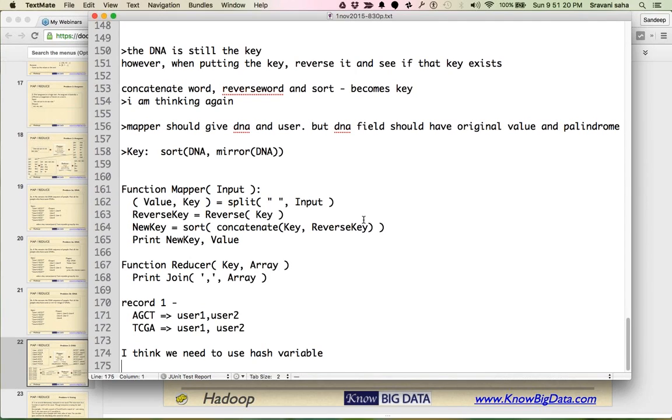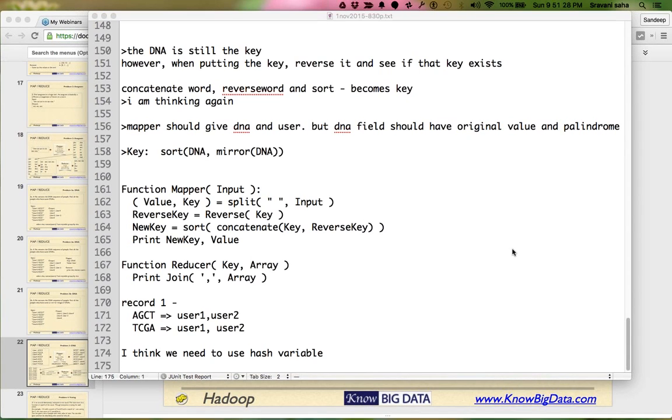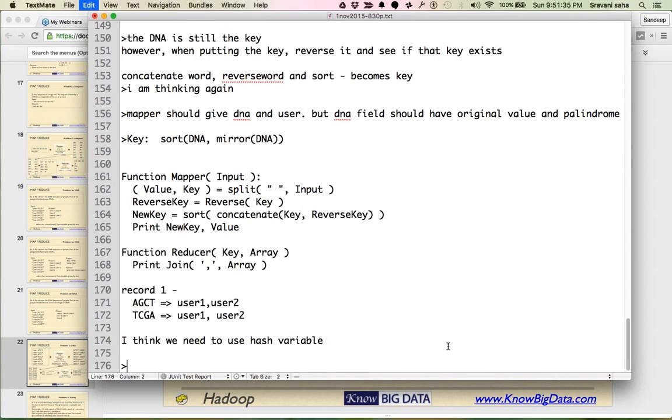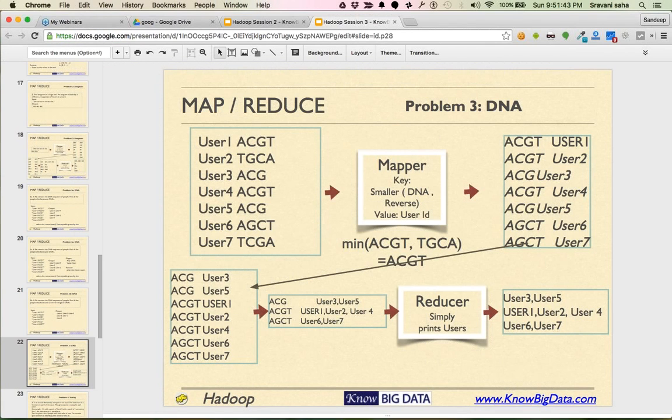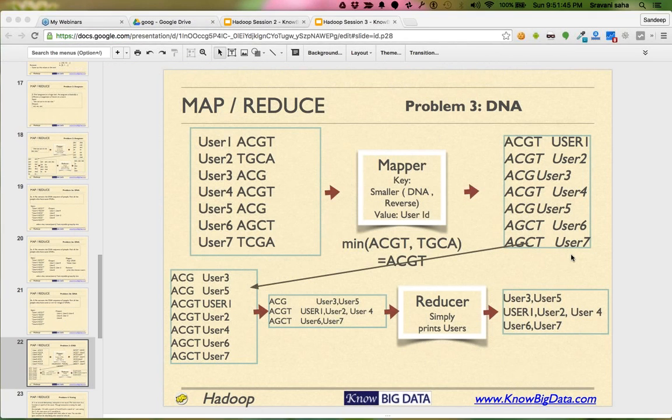Also, a hash variable may not be available on all the nodes. Sushant is saying key could be DNA and value could be DNA plus user. Okay, that's fine, but how will the mirror image come into play?